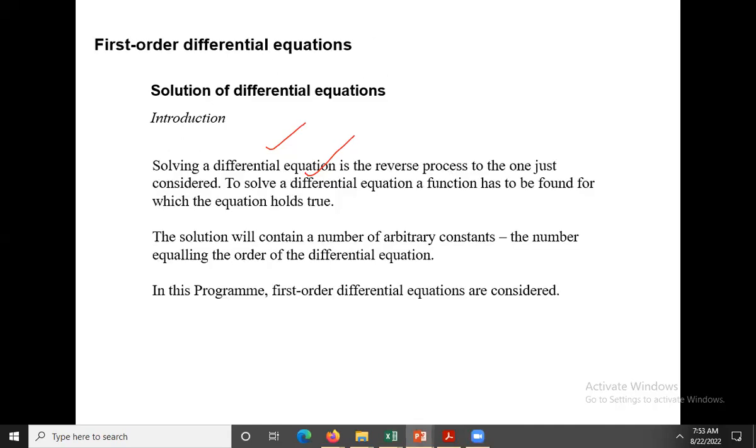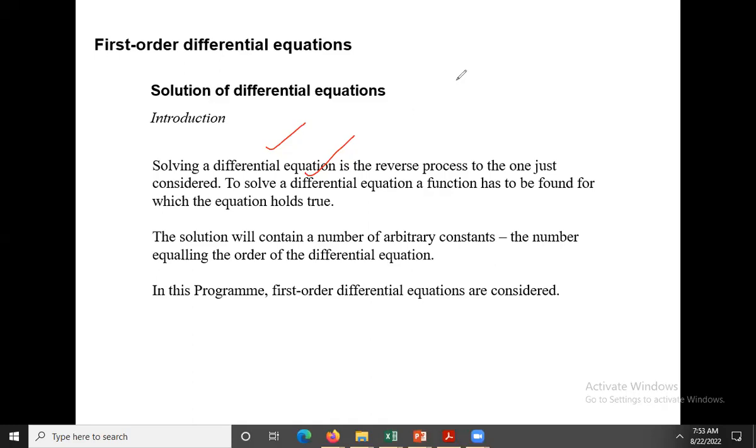Now we are saying that solving differential equations is a reverse process to the initial process we just looked at. We said the differential equation is obtained by differentiating a certain function and then combining it. So if we want to find the solution, it is the original function.